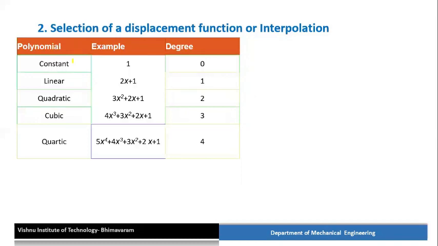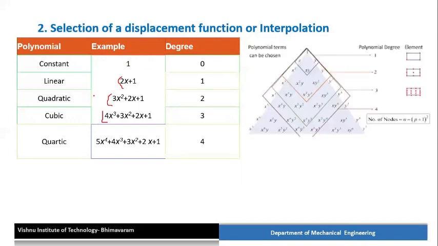For simple to understand, we see that the polynomial equation might be a constant, linear, quadratic, and cubic, like that. In this case, suppose u is the displacement, you may consider the linear case. u is equal to 2x plus 1.